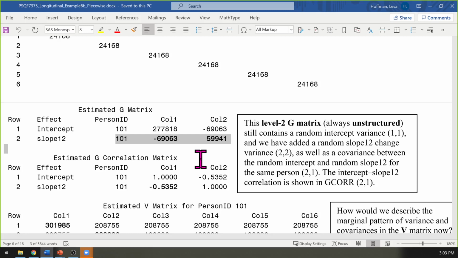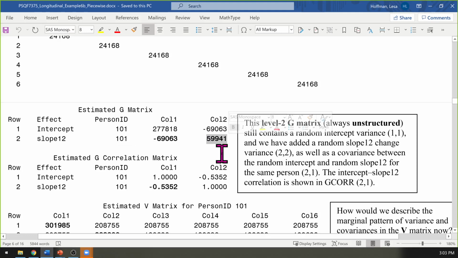1 vote for 3. 1 vote for 2. The answer in this case is 2, because we added the random linear slope variance for the first slope and its covariance with the intercept. In the next model, it'll be 3.